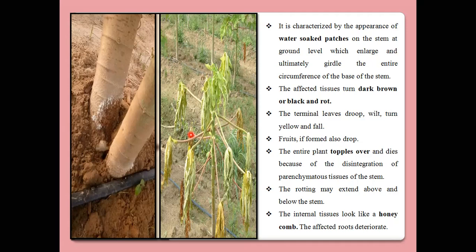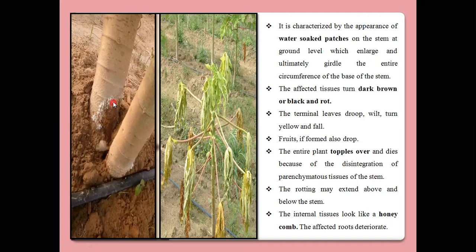These plants topple over and die because of disintegration of the parenchymatous tissue of the stems, meaning rotting extends above and below the stems.